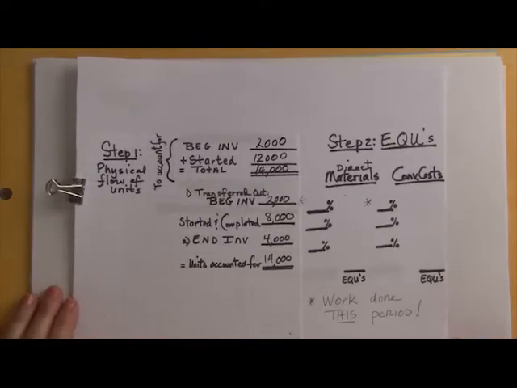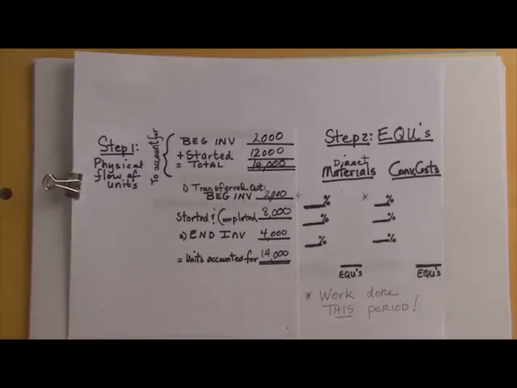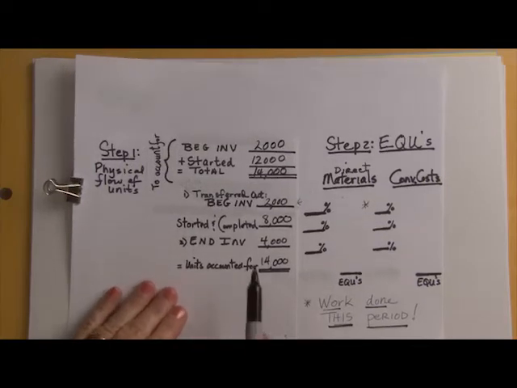Let's continue, and what we're doing, as you can see in my notes, in step 2, we're going to be computing equivalent units. And it says right here, work done this period. So we only want to compute the equivalent units for work we did this period. So let's take a look at the first category, the beginning inventory.